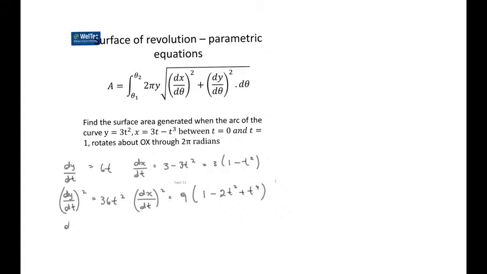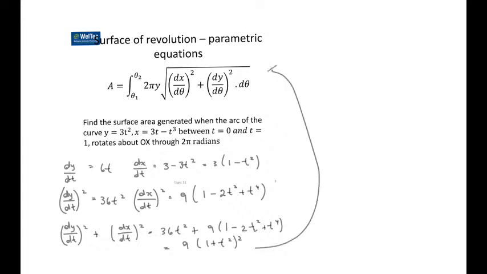So dy by dt squared plus dx by dt squared is going to be 36t squared plus 9 times 1 minus 2t squared plus t to the 4th. If we do that and simplify it back, we have that. Now we've got the bits, all we need to do is put them into the formula.